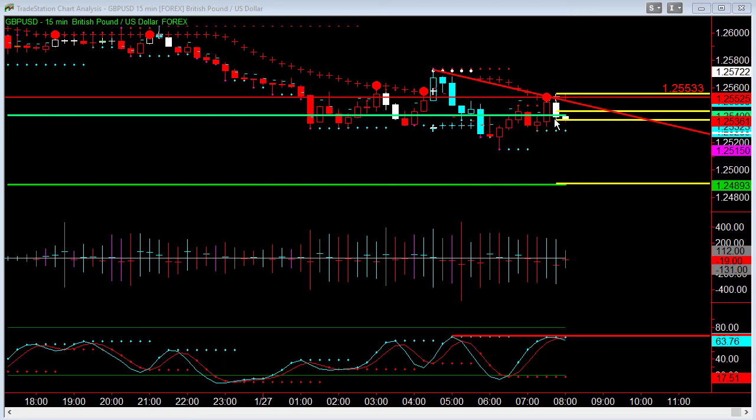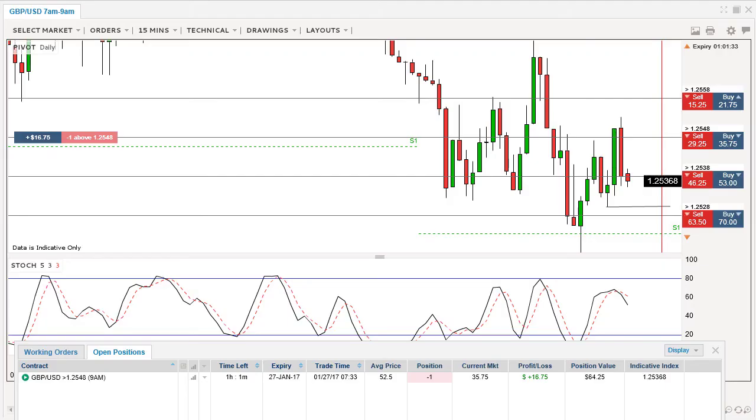So that tells me that sellers came into this market. I still want to see this low taken out. You see we have a string of blue dots here. So I want this price bar to go beneath these blue dots here. Again, this is using my proprietary indicators, whereas in Nadex we're just using the standard stochastics.